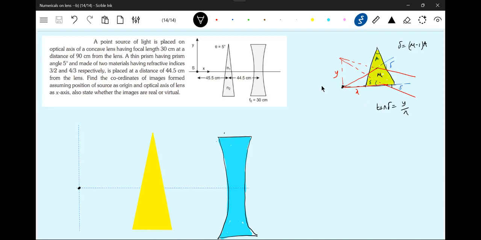So let me draw the ray diagram. The ray is passing through the prism.